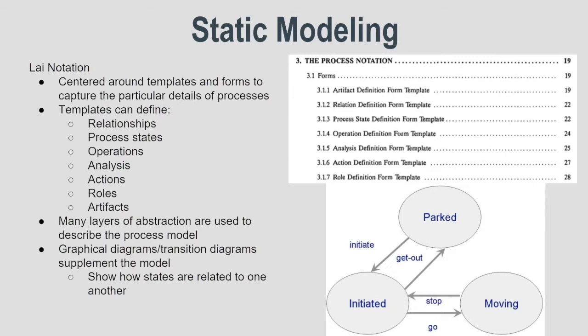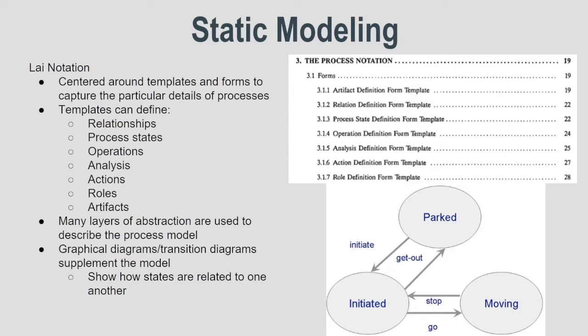Out of these, artifacts are what you would consider the outputs of whatever you are trying to create. Operations, process states, relationships, analysis, actions, and roles are pretty much what you would expect from their names.